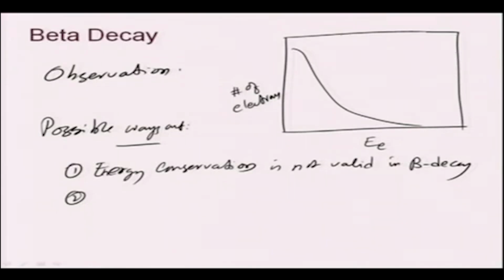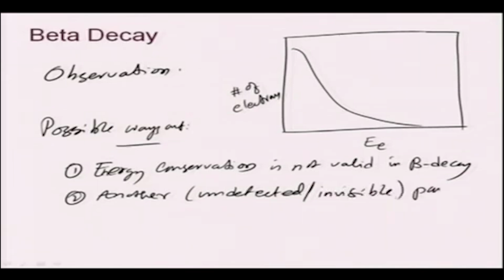We can actually live with that if we add one more particle in the final state, another undetected or invisible particle in the products.